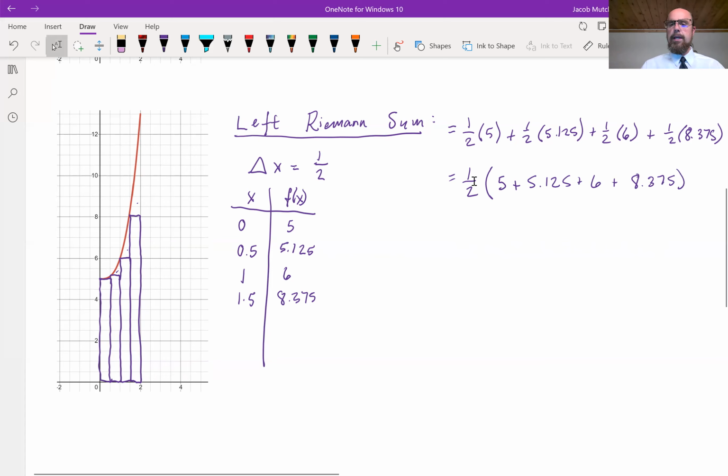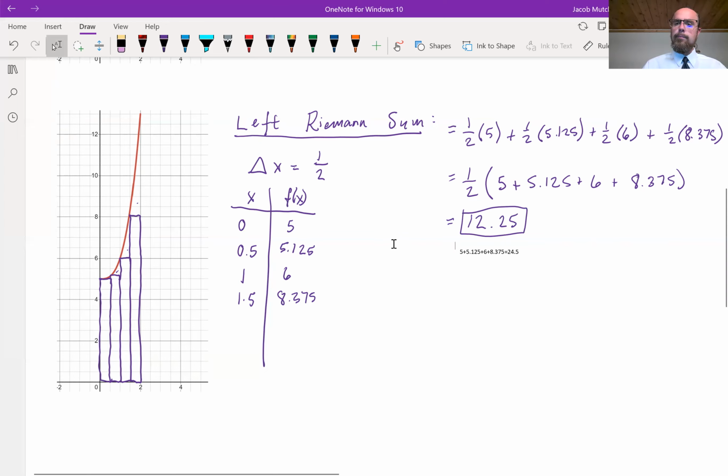So again, we just need to calculate that. Let's find that sum first. Adding up those heights, we get 24.5. And then half of 24.5 is 12.25.